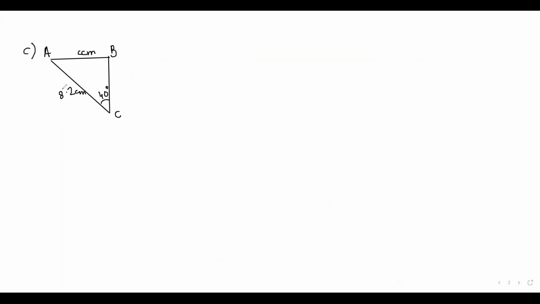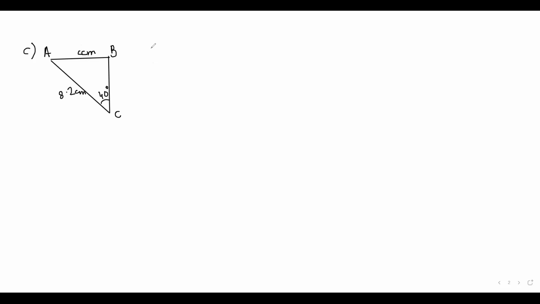So here is a triangle ABC where at point C the given angle is 40 degrees and AC is given as 8.2 cm. Since we have to determine the length of the side, so 8.2 cm is the hypotenuse and the side we want is the opposite. So it involves a different formula. Since this is involving the opposite and hypotenuse, we will use the formula involving these two lengths.